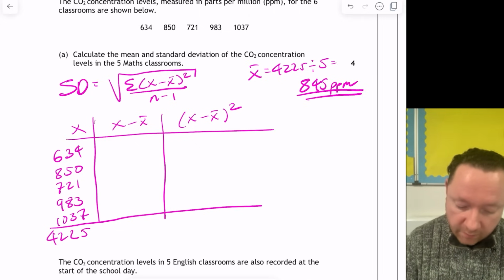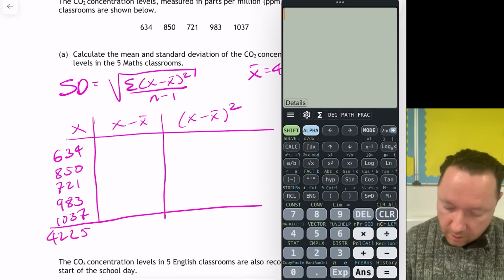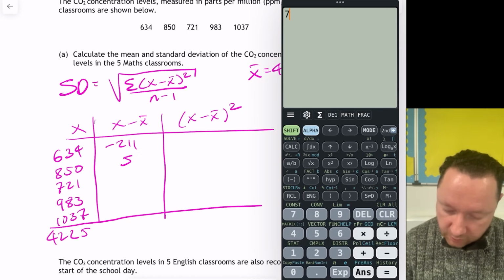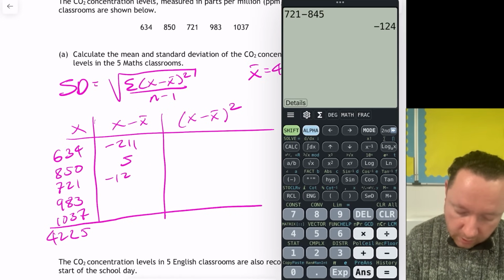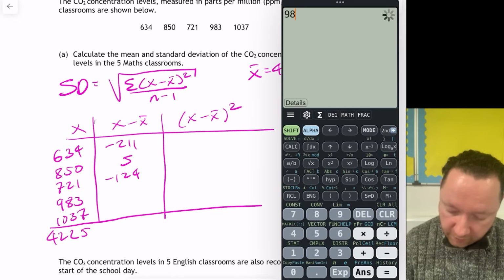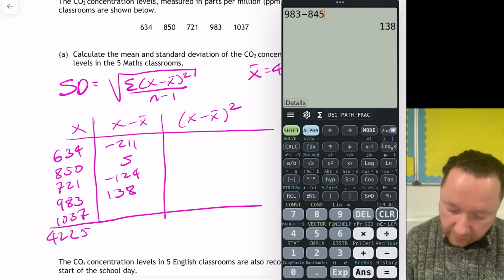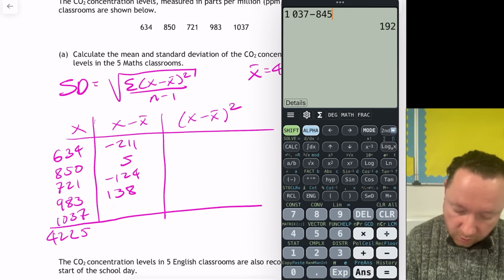Okay, so now we take away the mean from each of these numbers. 634 minus 845 is minus 211. 850 minus 845 is 5. 721 minus 845 is minus 124. 983 minus 845 is 138. And 1037 minus 845 is 192.